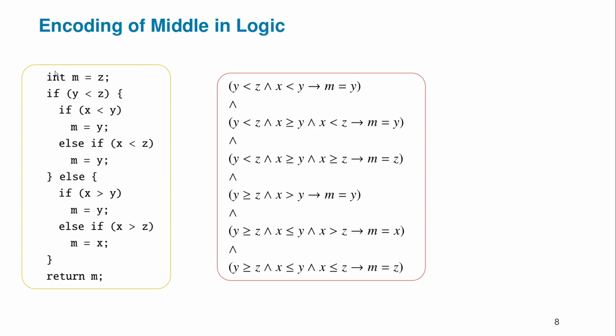So we translate all the different branches into the constraints we have here on the right hand side. And the nice thing is that this can be done completely automatically. So here really no thinking is necessary. We can just give this to a compiler and translate the program directly into an SMT representation.